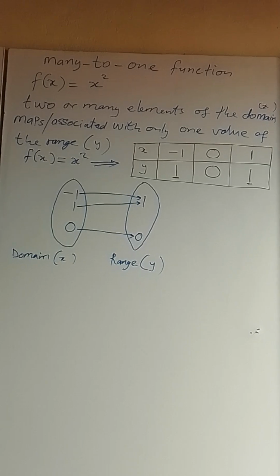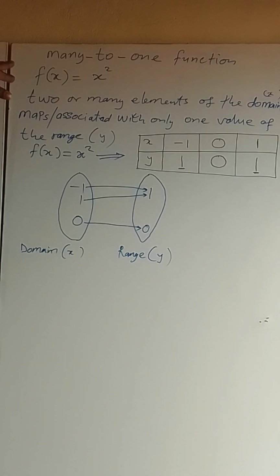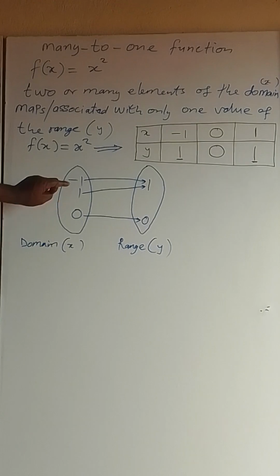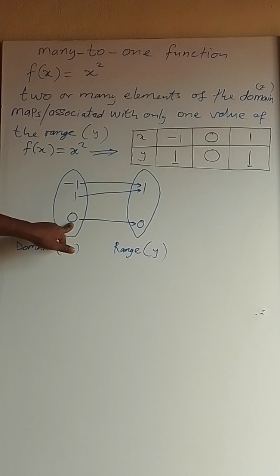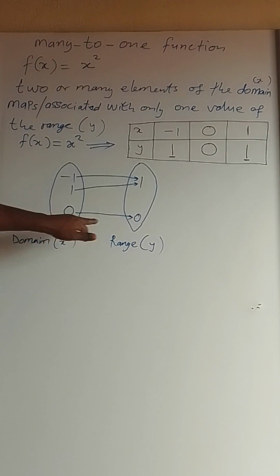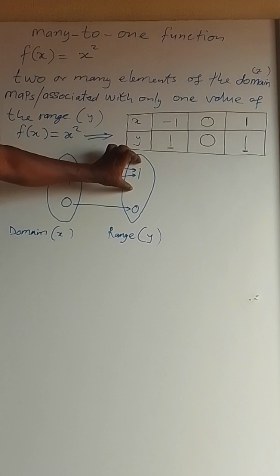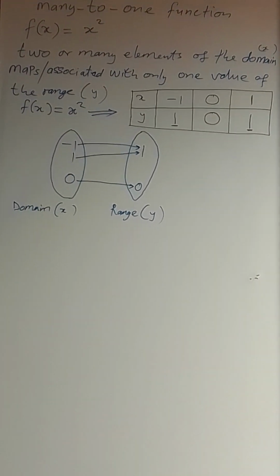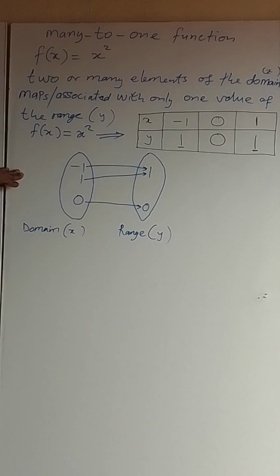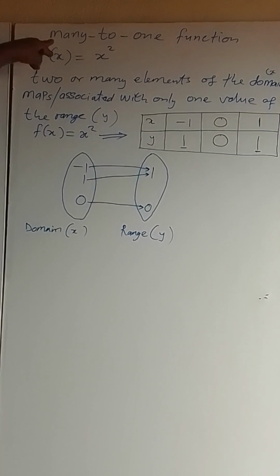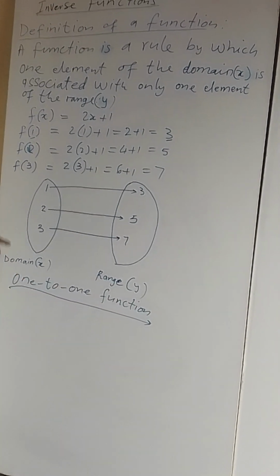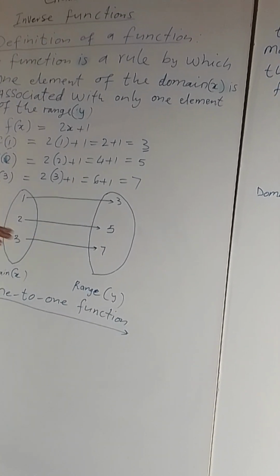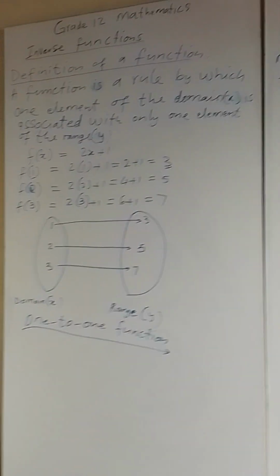Now this is the perfect example of the many-to-one. Many elements of the domain associate with or map to 1. And this is the only element which maps 1 and 1. But this one, 2 elements map with 1 element of the range. This is the perfect example of a function where you have a many-to-one, and this one has a one-to-one, because every element of the domain is associated with the range.